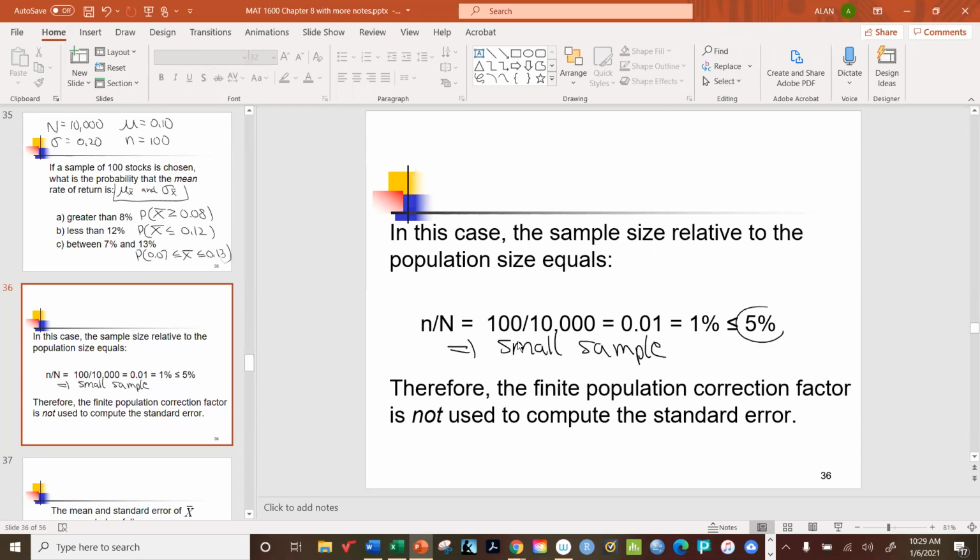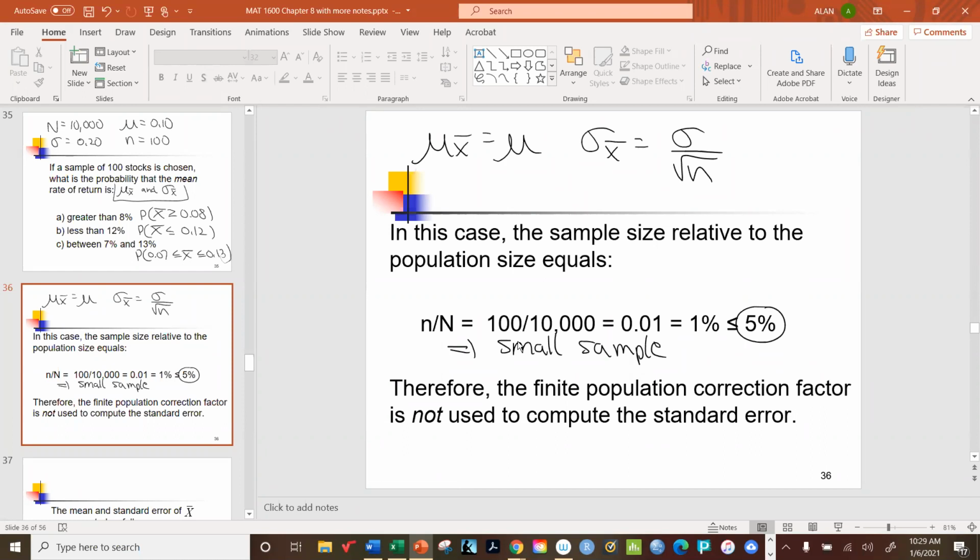Remember the threshold is 5%. We're not even close to that. This is a small sample, which means that when it comes time to calculate the so-called standard error, then we'll have the simpler formula. All we have to do is take the population standard deviation and divide by the square root of the sample size.